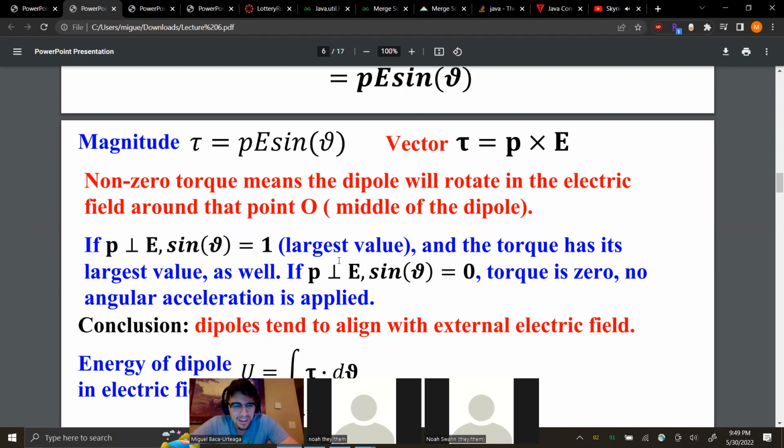If the dipole moment is parallel to the electric field, the sine of theta is 0, torque is 0, and no angular acceleration is applied. So the dipole tends to align with an electric field. We actually have a few examples of that in the textbook that we can go over as well, when we're talking about dipoles within an electric field.